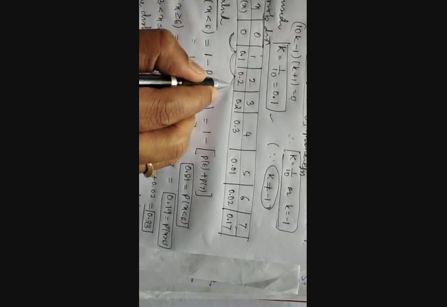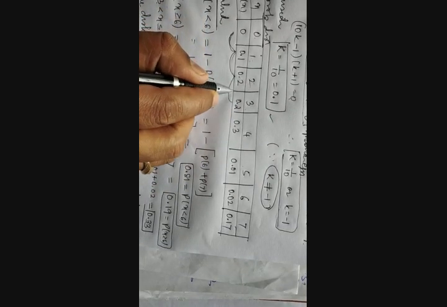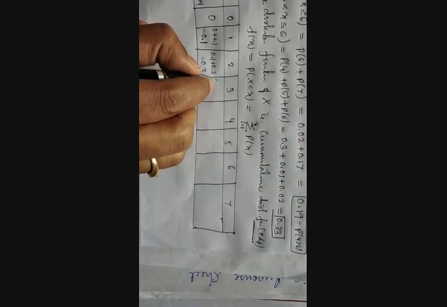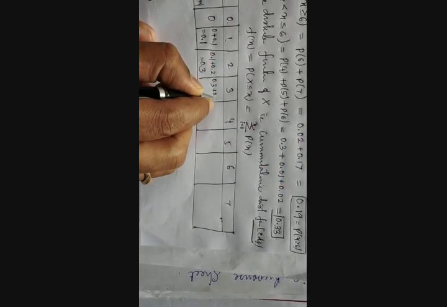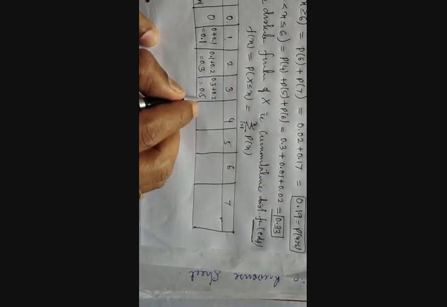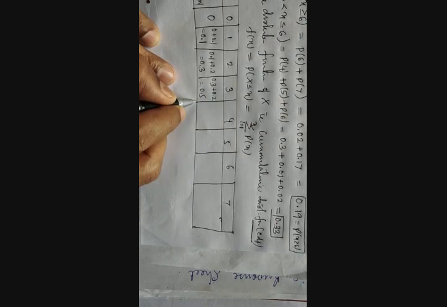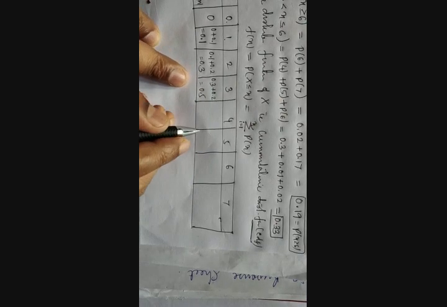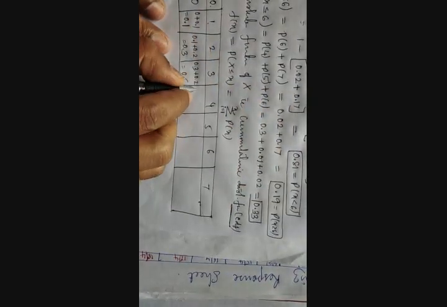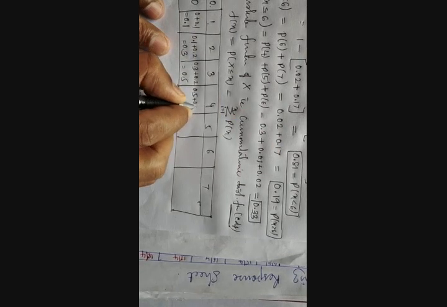Up till here it is calculated, so add only the next term, that is 0.3 plus 0.2, that becomes 0.5. Similarly, for x is equal to 4, 0.5 plus 0.3 is equal to 0.8.